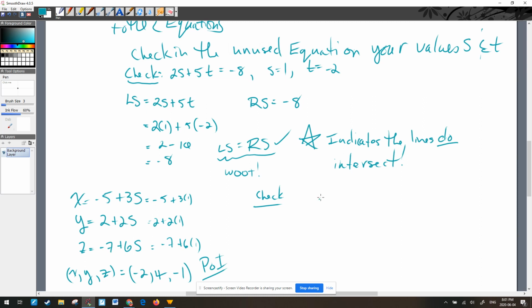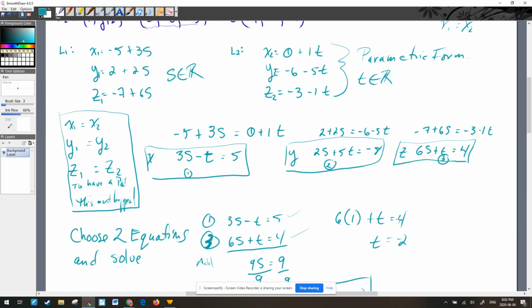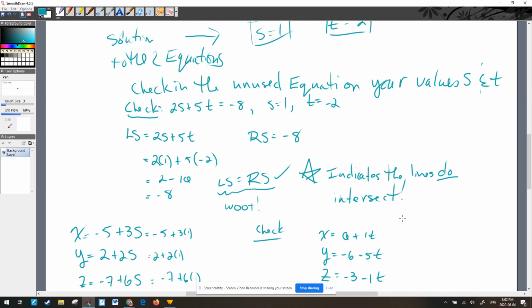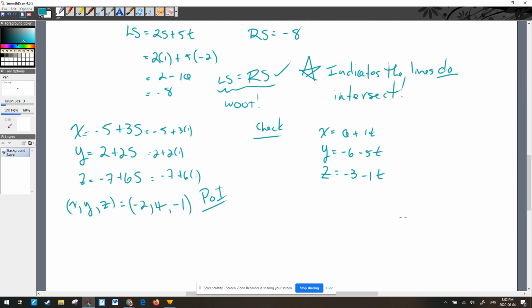So we had that x was equal to 0 plus 1t, and we have that y is equal to negative 6 minus 5t, and we had that z is equal to negative 3 minus 1t. Yep, so that's good.